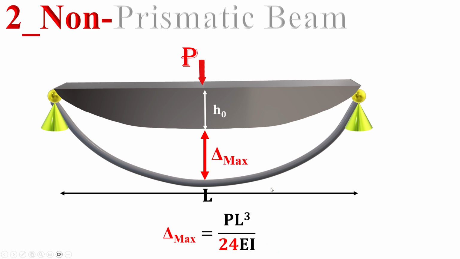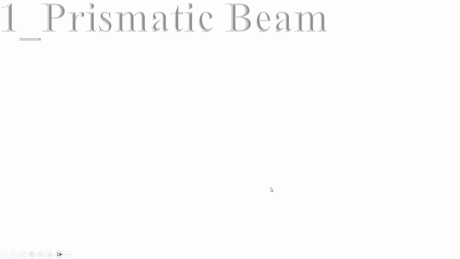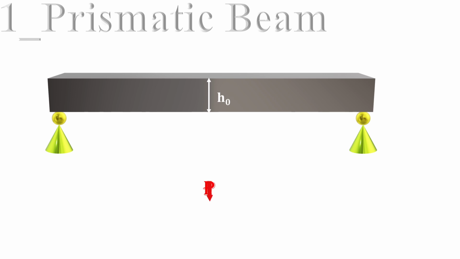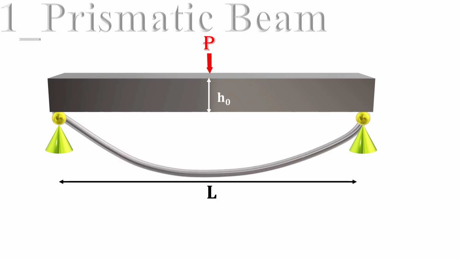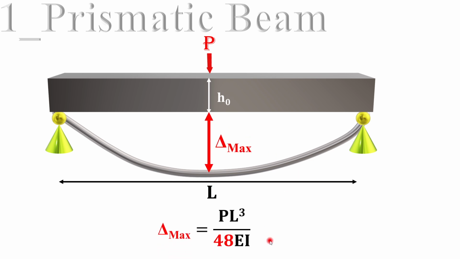And that's also an interesting result. If you consider a prismatic beam with the same loading and the same support condition, we already know that the delta maximum for such a beam is PL cubed over 48 EI. You can find it in the references, and also any other textbook reference.